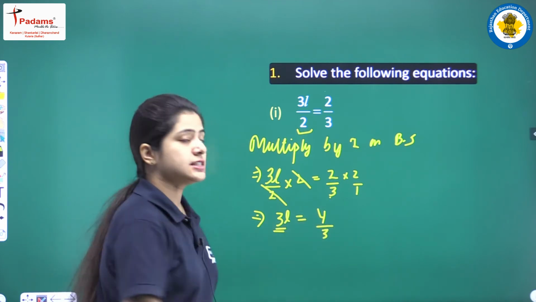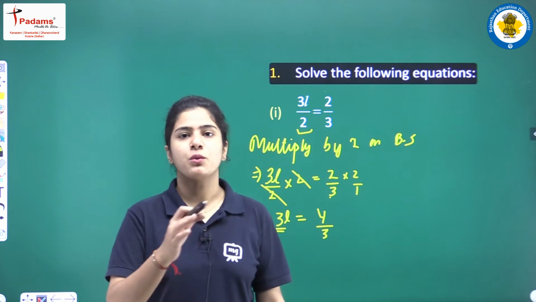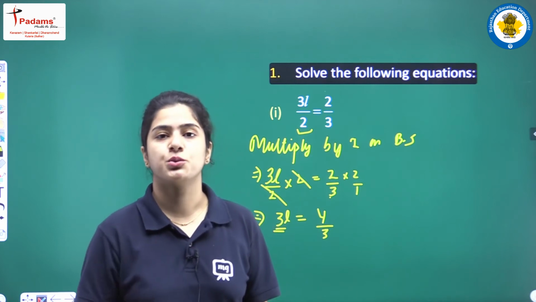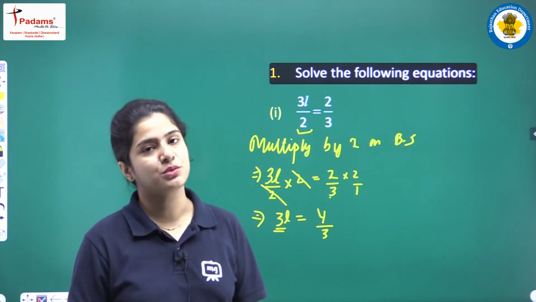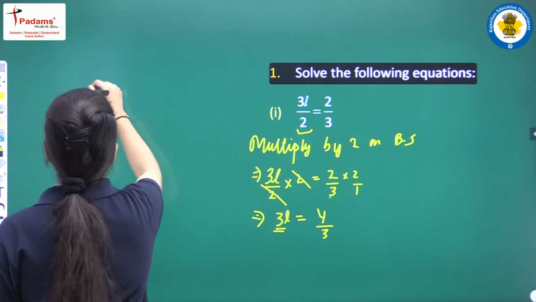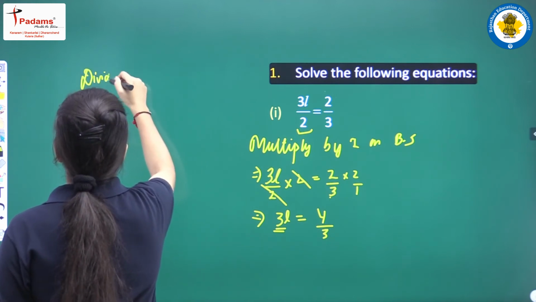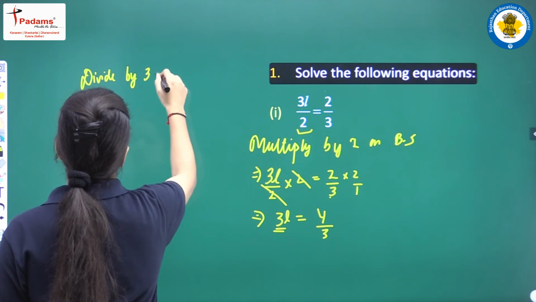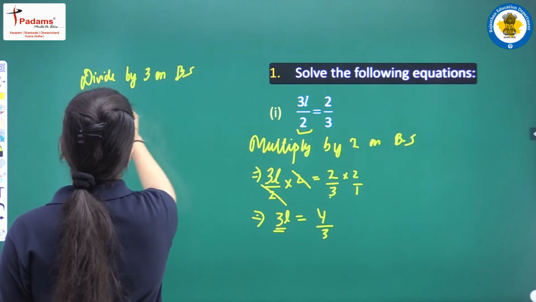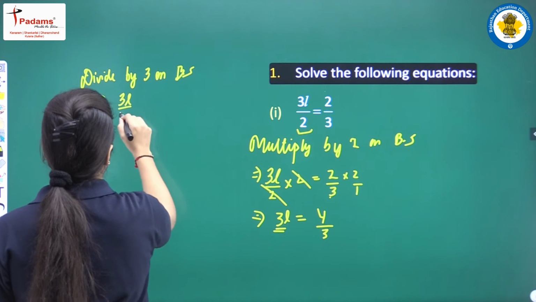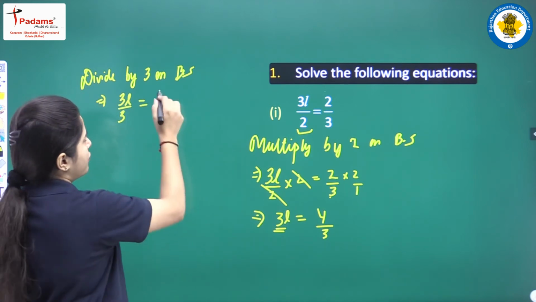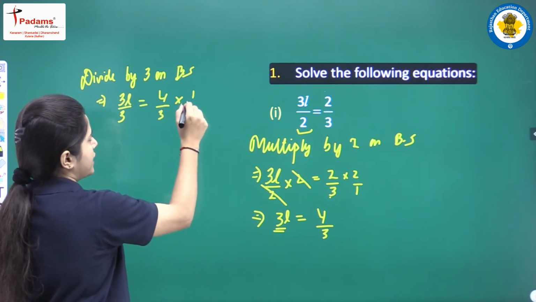3 is in the multiplication with the variable. So if you want to eliminate this 3, what will you do? You will divide by 3 on both the sides. So divide by 3 on both sides, right? 3l upon 3 is equals to students 4 upon 3 into 1 upon 3.